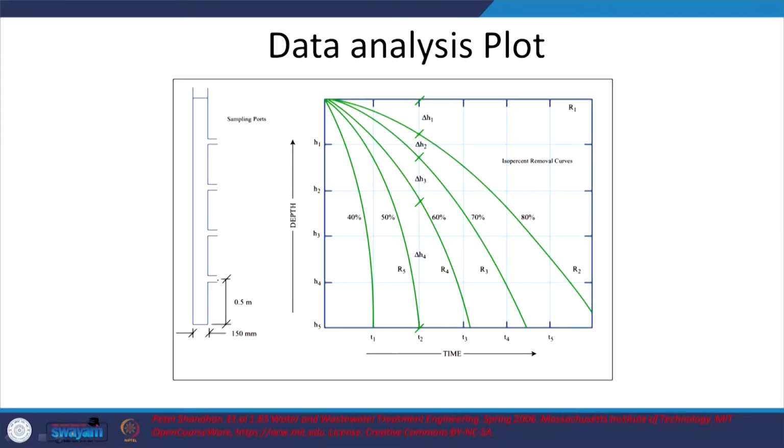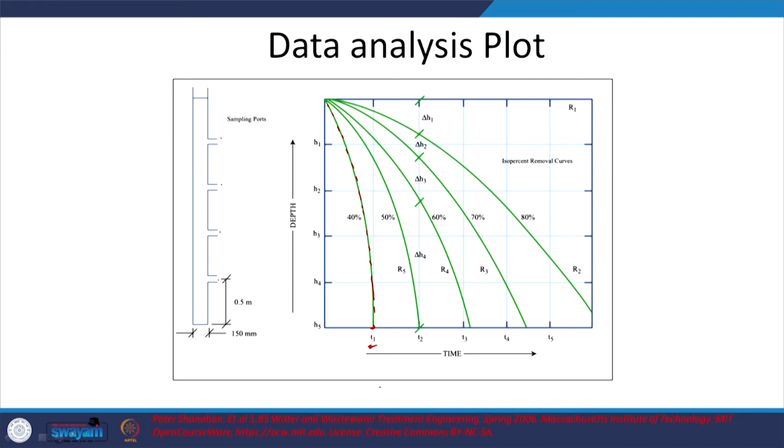So, from taking the samples at different ports at different times, we will first have a table. From that table you will interpolate, and we will get this graph. So, the 40% removal graph at different times, 50, 60, 70 and 80, let us say. Based on this time and the relevant height, I will be able to calculate the relevant surface overflow rate.